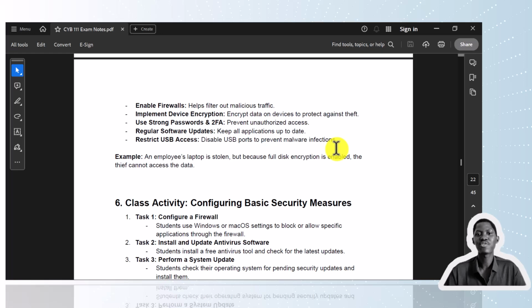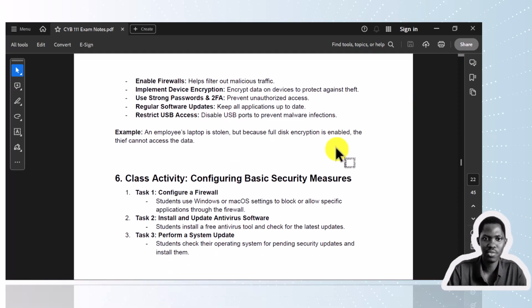So you have to have layered security. You understand? If you have full disk encryption enabled, but your laptop doesn't have a password, you are not protecting anything. You get? So protection is done in layers, on levels. All right.